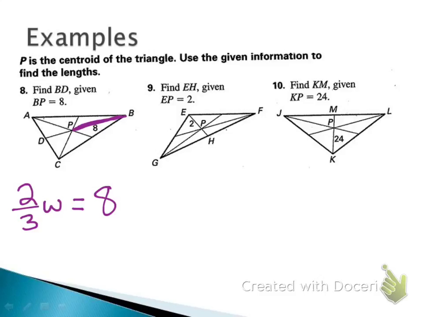We'll get to that in 1 second. I'm going to put your comment on pause. Do you guys know how to get W by itself when it's being multiplied by 2/3? This is like a throwback to algebra. You multiply both sides by the reciprocal. Do you remember doing that?